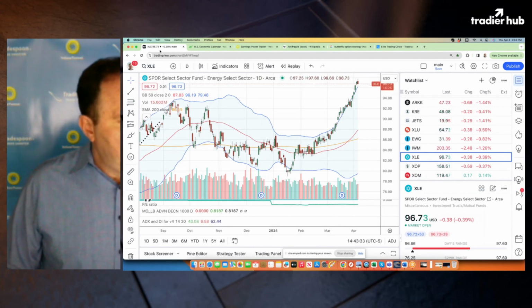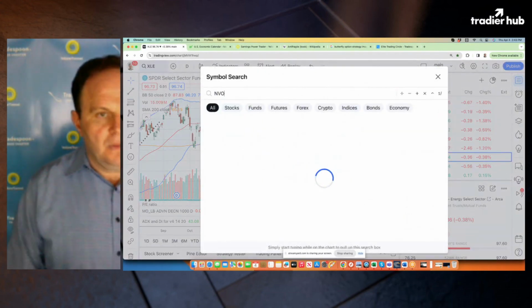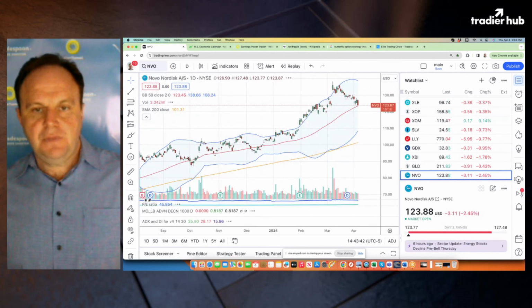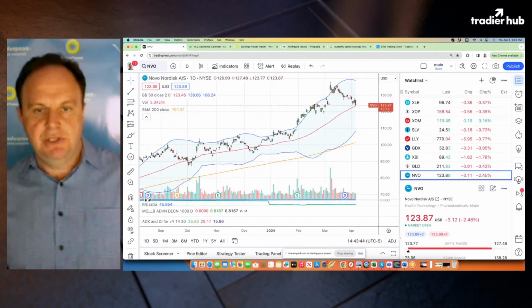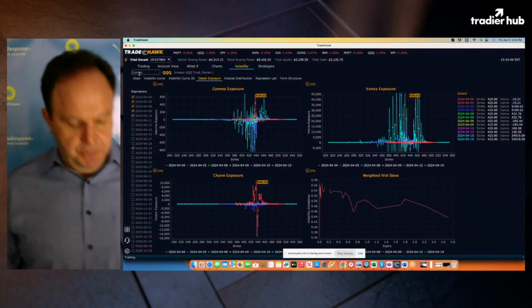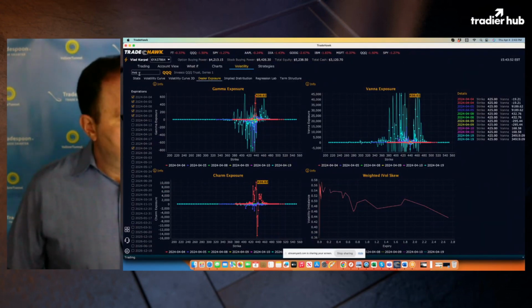Let's look at NVO. So NVO hit the 50-day moving average. That's been a pretty good support. Let's see how much position is in NVO.